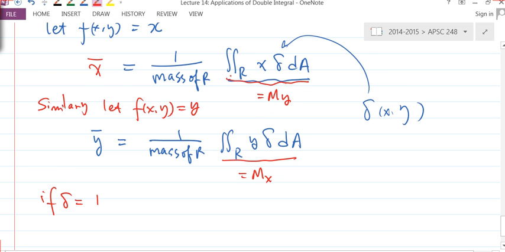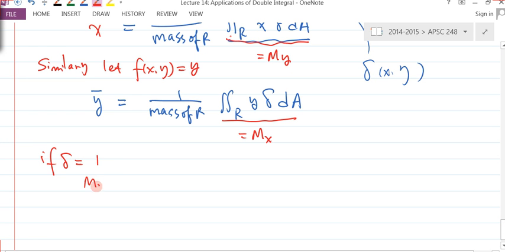So you have an expression like this: Mx equals this, and My equals this.